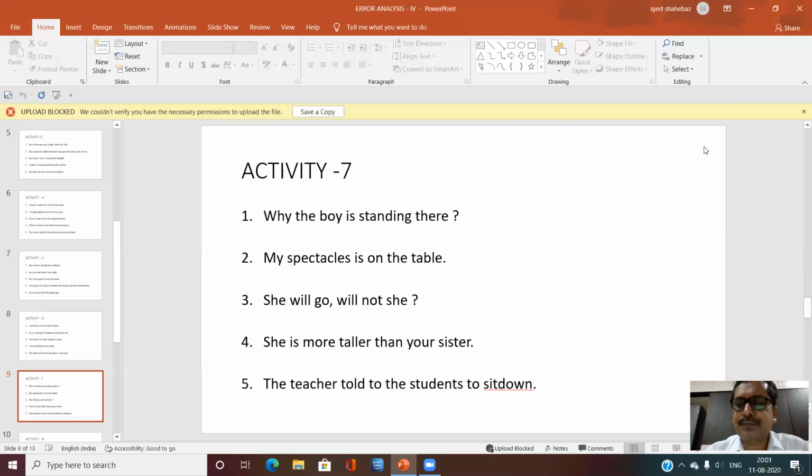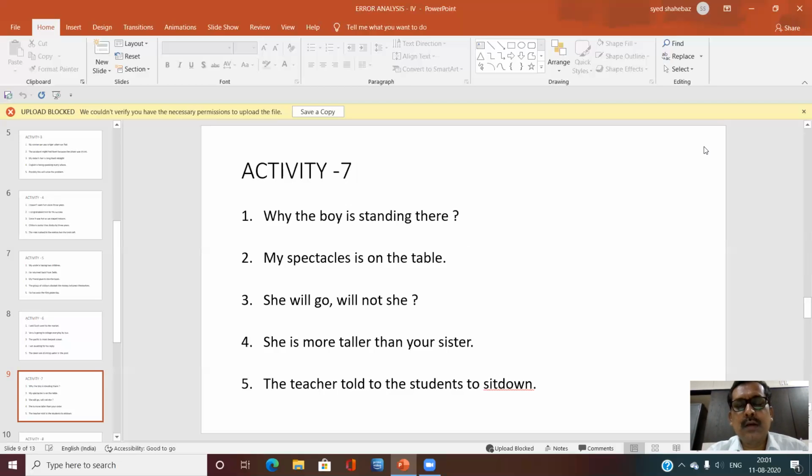Next, activity 7. Why the boy is standing there? So here the mistake is in the use of verb. The statement differs from the question.